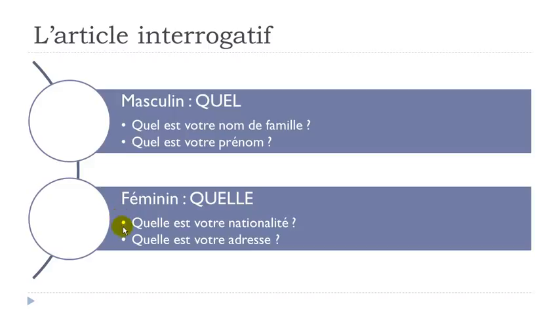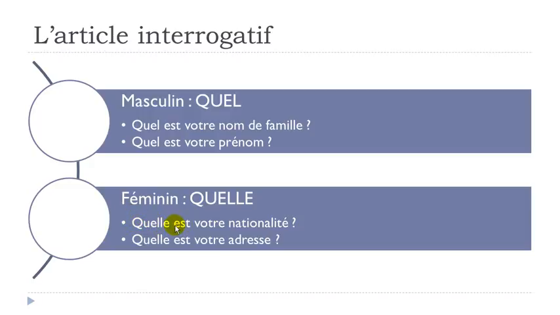And here we've got two examples. For the same reason as previously, nom and prénom are masculine words, so you have to put this quel form at the masculine. And here, nationalité and adresse, nationality and address, are feminine words. So you will have to use this article interrogatif, quel, at the feminine form.